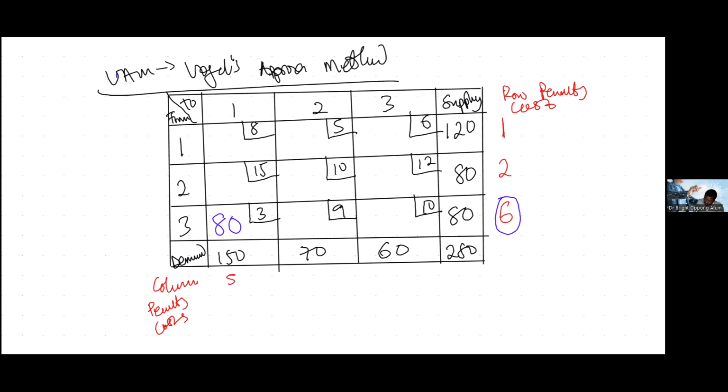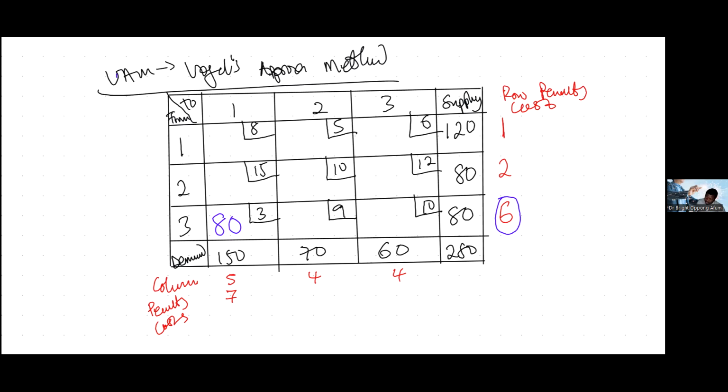So the next column here, column 1, 8 is the minimum, and the next is 15. So the difference will be 7, right? For this row, the minimum is 5, and the next is 9.